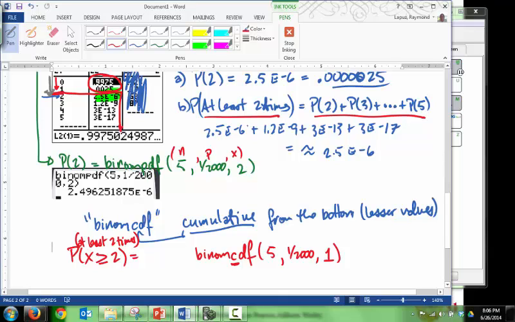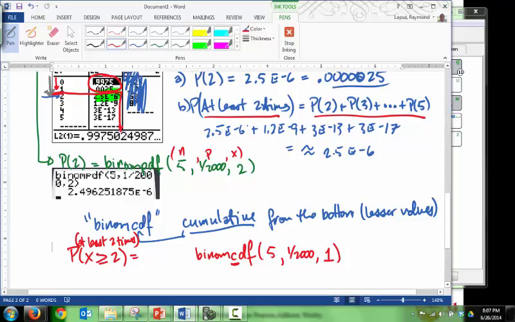I want to use the binomial CDF, but the cumulative distribution function starts from 0 and starts adding things up, right? But what I want is the sum of what happens from 2 all the way to 5. So when I punch this in the calculator, I'm going to get these two things added together, but I don't want those two things added together. I want the rest of them. So what special property do we have for any probability distribution?